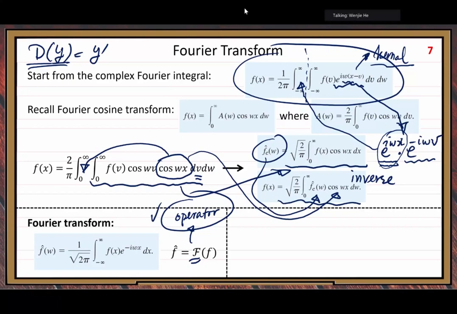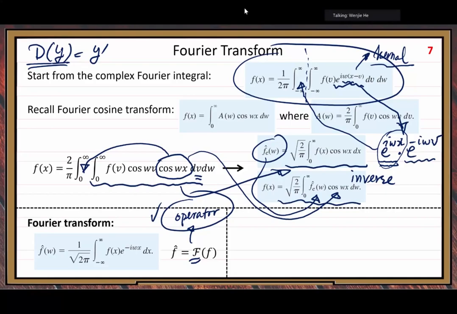Our little f is a function, so we do not treat it as an operator. Little f is applied on a variable. Function is a mapping.